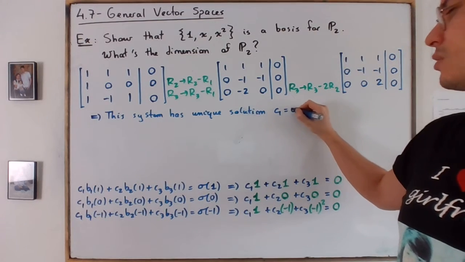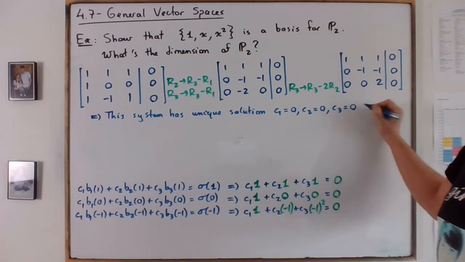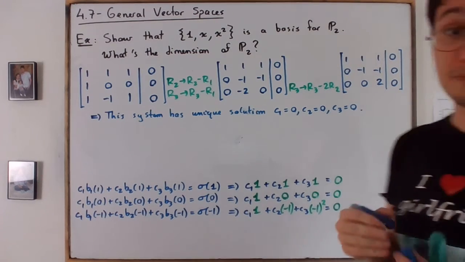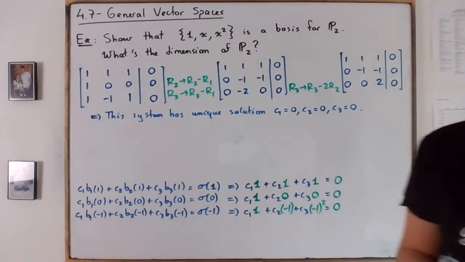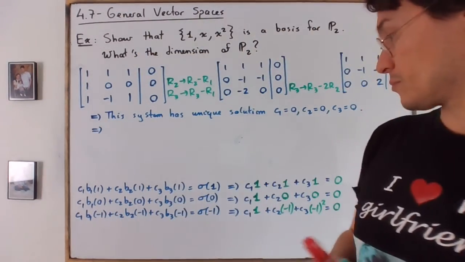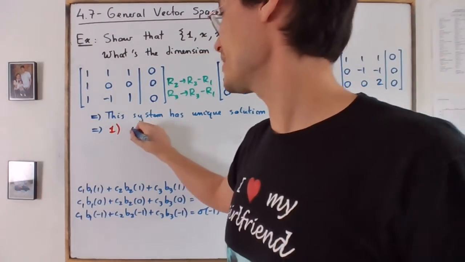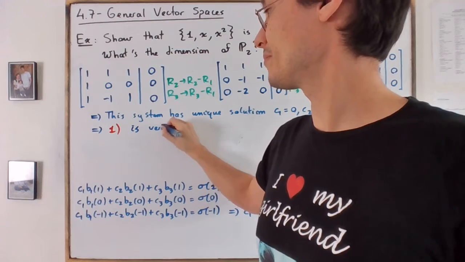So C1 equals 0, C2 equals 0, C3 equals 0, which means that we're good. Number 1 is verified.